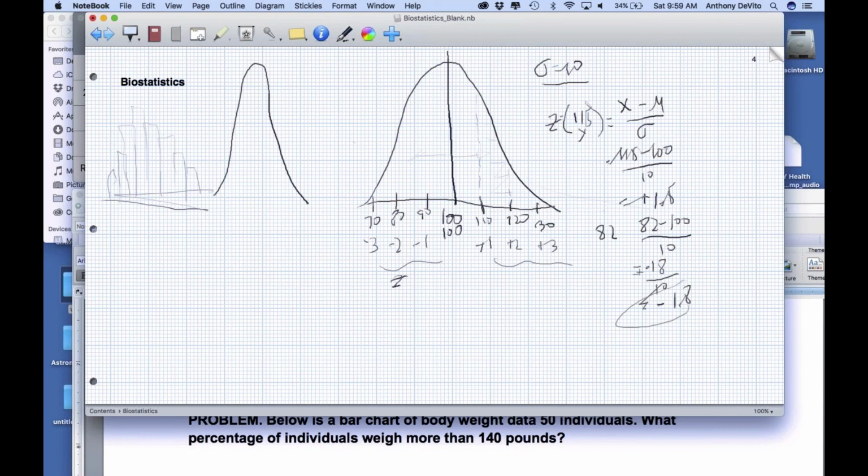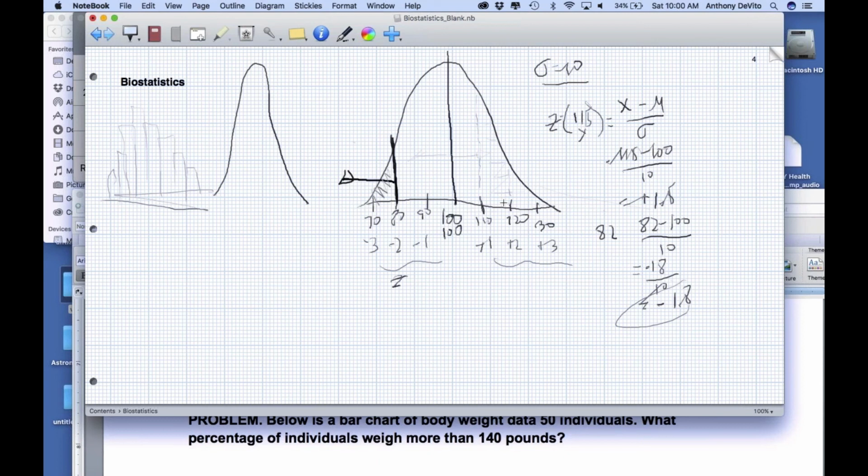Now with that Z-score, you can go to a table or to Excel and look up what area that score represents for this particular population. So for instance, for 82 being negative 1.8, we could go to Excel or a Z-table and find the area to the left of it, the percentage of people that have blood pressure below that value.